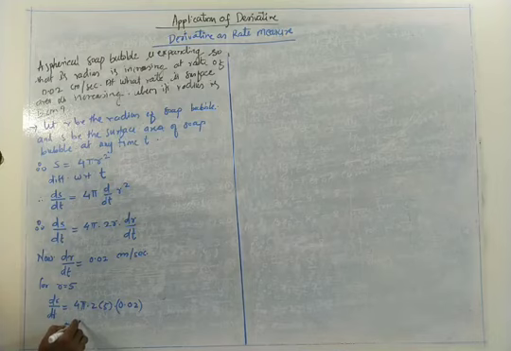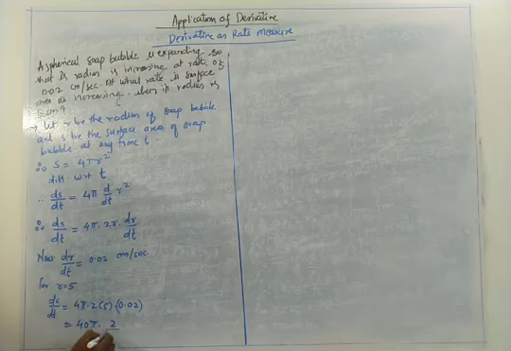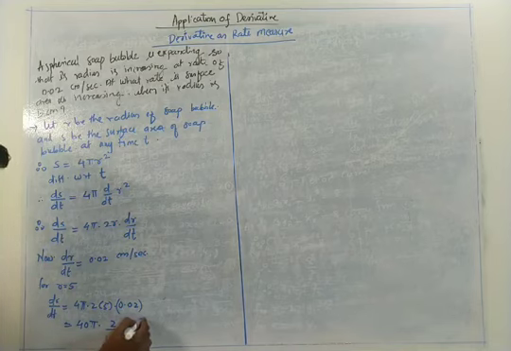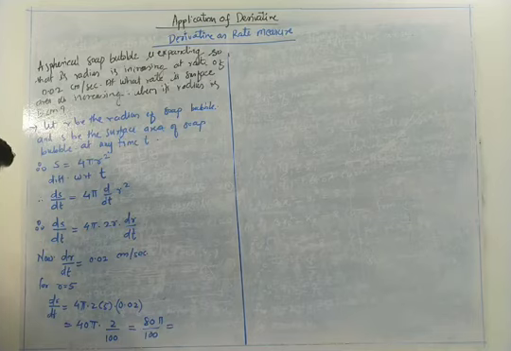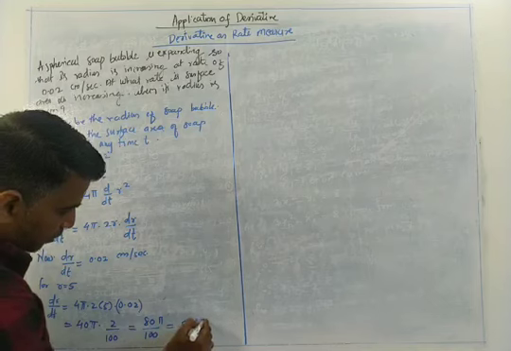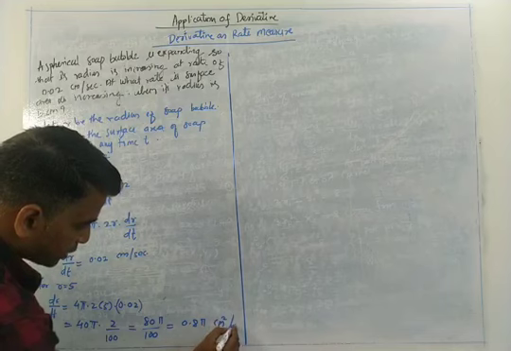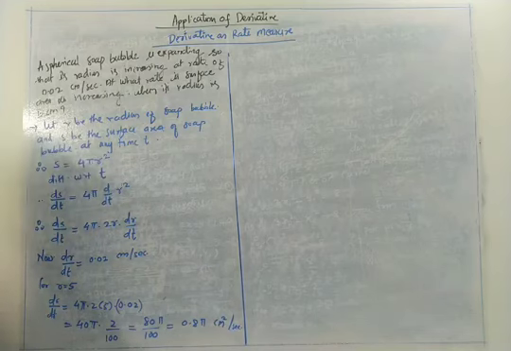Simplify it: 40 pi into 2 upon 100, which is 80 pi upon 100, that is 0.8 pi centimeter square per second.